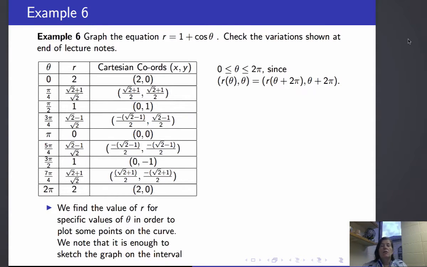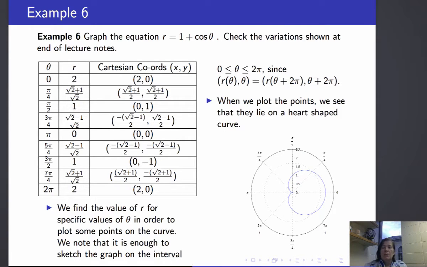When we get into the second quadrant with theta equals 3 pi over 4, we see the r value is positive, so we have a point in the second quadrant, and obviously the x value is negative and the y value is positive. And when theta equals pi, we get to the origin, and when theta equals 5 pi over 4, we get an r value which is positive, so we stay in the third quadrant, and the x value is negative and the y value is negative, etc.